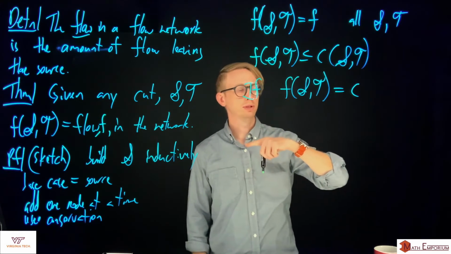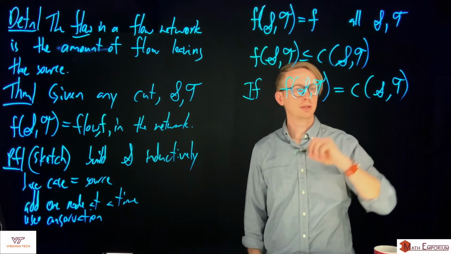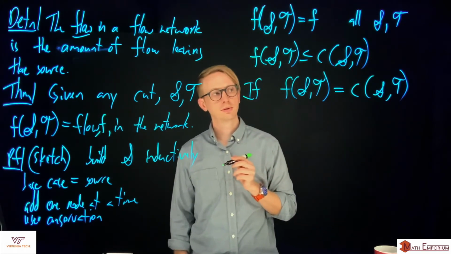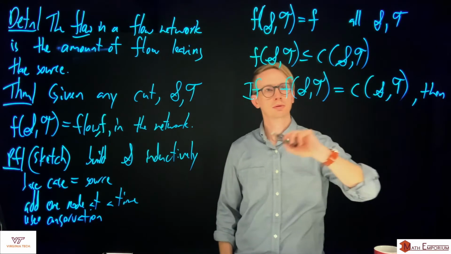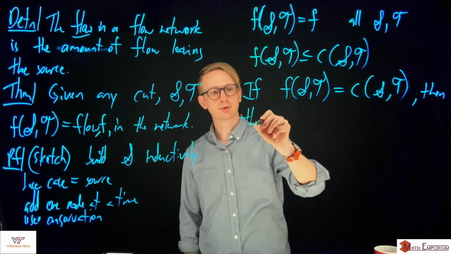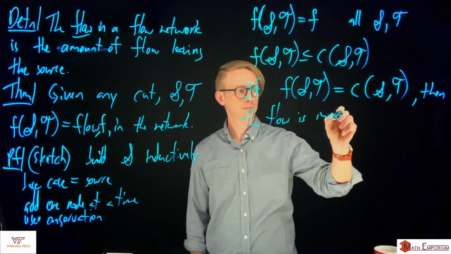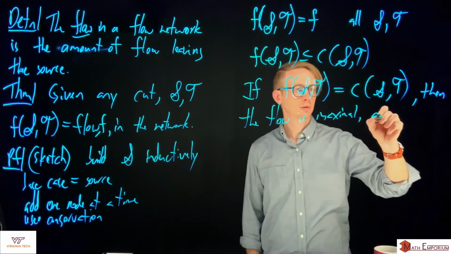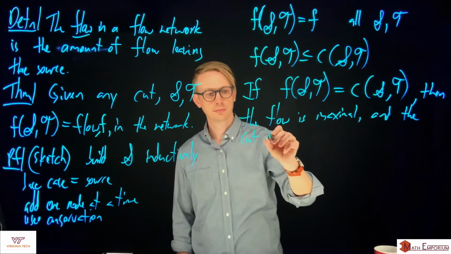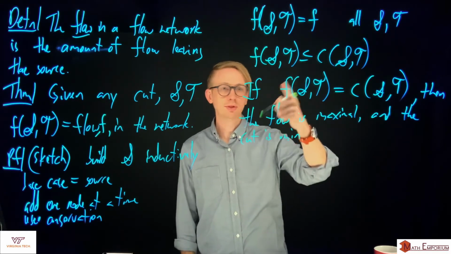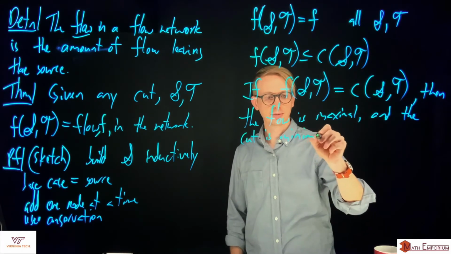If the flow across a cut computes to be equal to the capacity across a cut, it turns out then the flow is maximal and the cut is minimal. In the sense that the flow is as big as possible and the cut has the smallest capacity possible. Let me explain why.